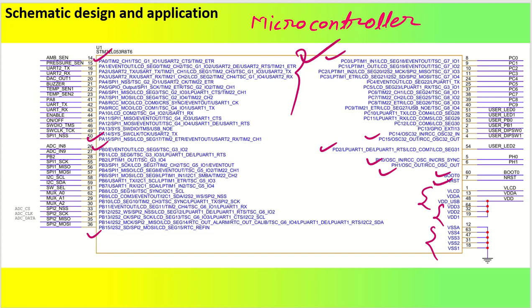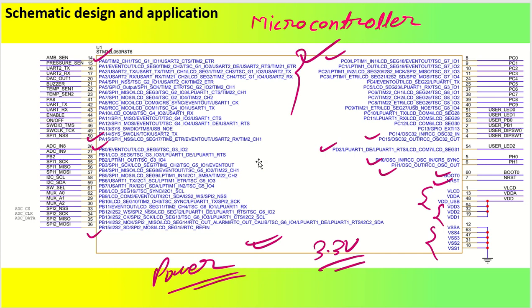The very first thing that we target is the power supply. First of all we have to power up the device, so for that we have to design a power supply, and our power supply for this design will be 3.3 volt. This microcontroller will be powered with 3.3 volt.